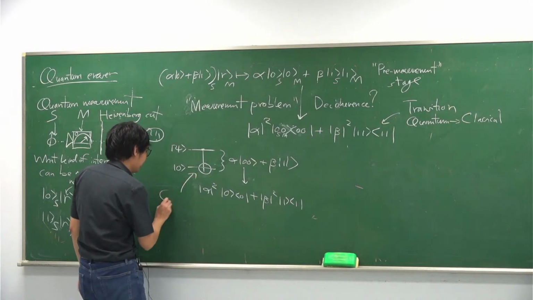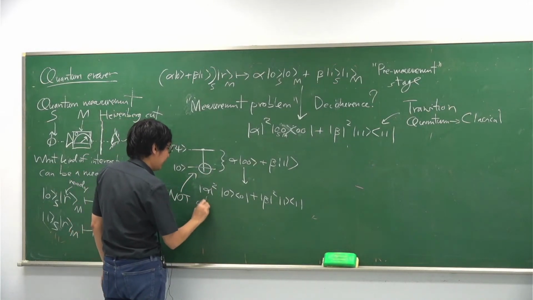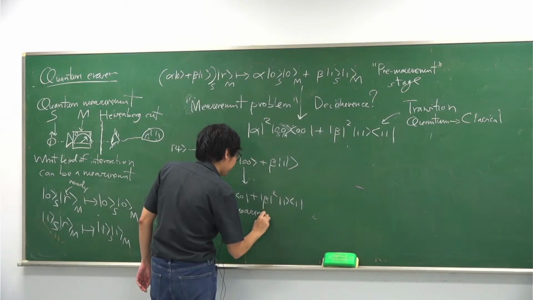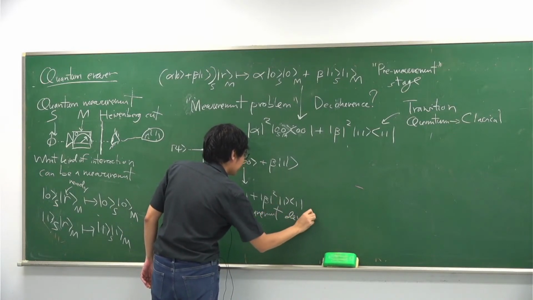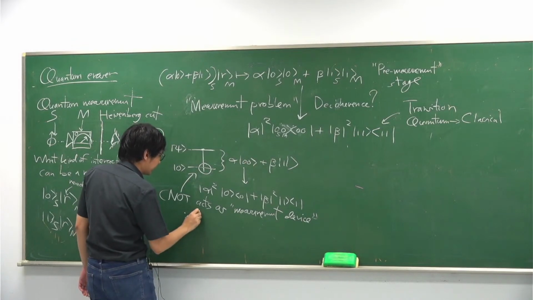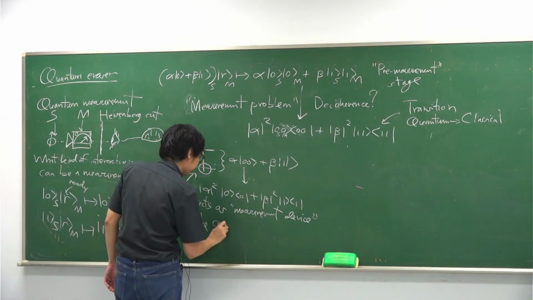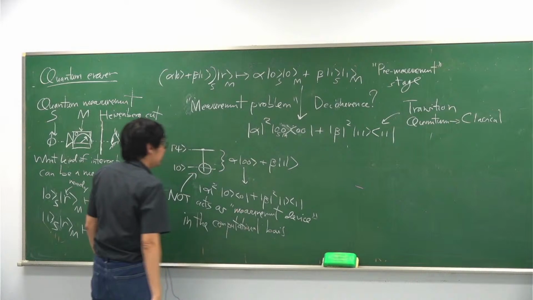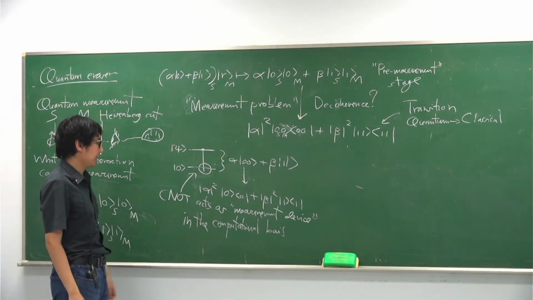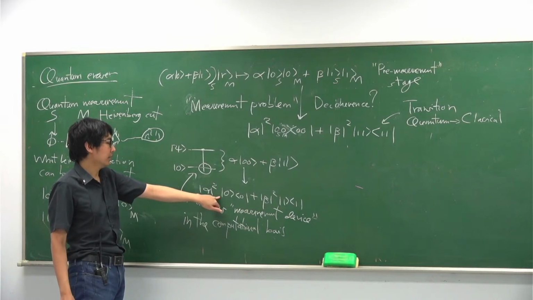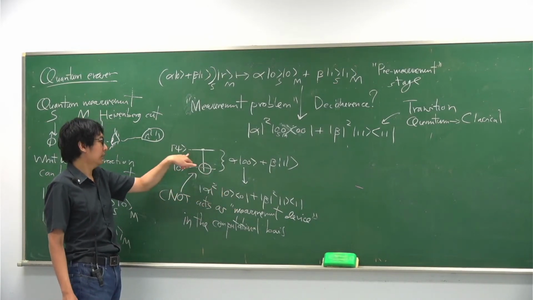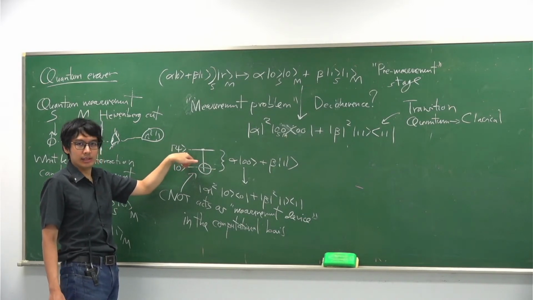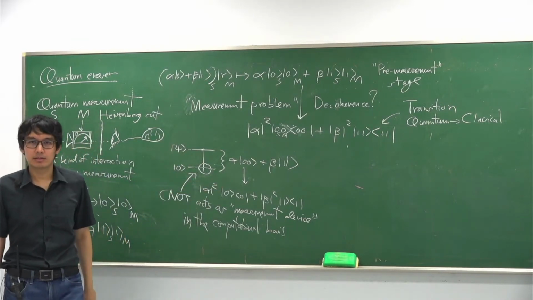But here is the point: C0 acts as a kind of measurement device in the computational basis, because it records how much of the original state is in the alpha part and how much is in the beta part.